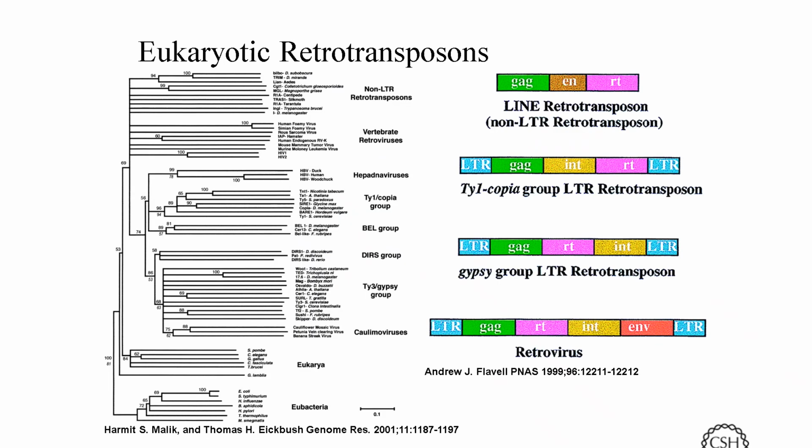This slide provides visual references from landmark papers by Malik and Eickbush 2001 and Flavell 1999. These studies catalog the diversity of retrotransposons across eukaryotes and emphasize their structural and functional similarities to viruses.